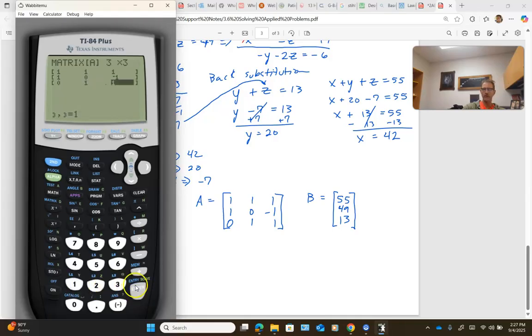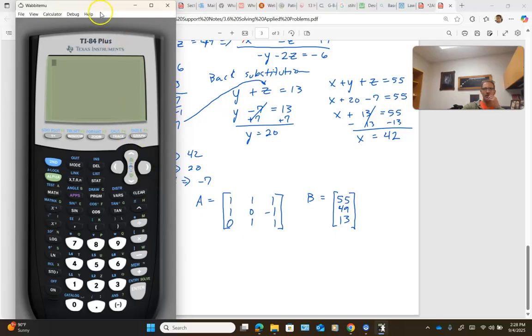There we go. So now I'll go right back to that screen, go over to edit again, go down to B, and input these values for B. And remember, B is now a 3 by 1, 3 rows and 1 column. And the entries are 55, 49, and 13. And now I will hit second in the mode key to quit that screen.